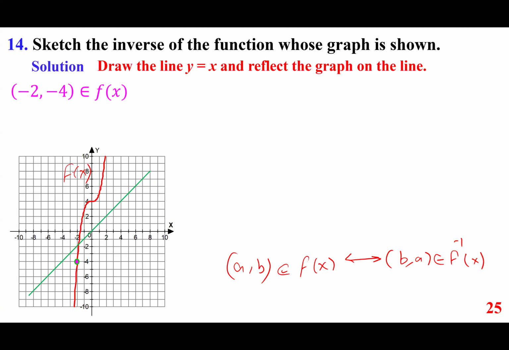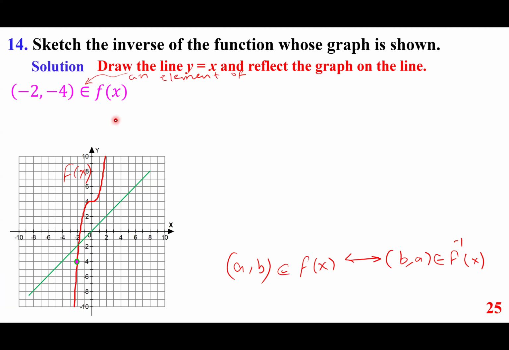In short, negative 4 comma negative 2 is for the inverse.